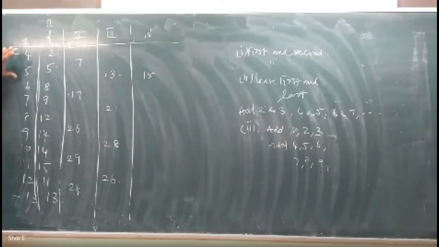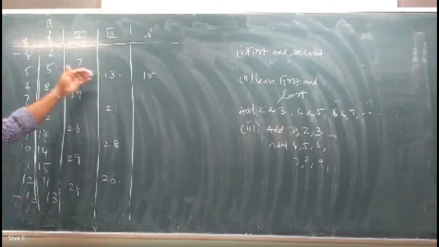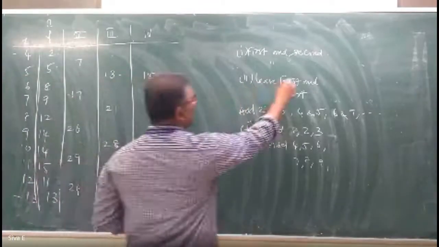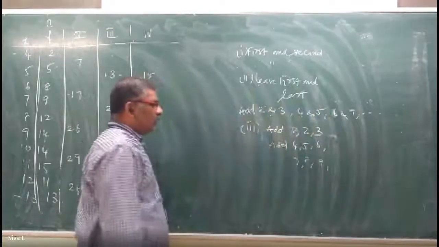First you have to give some gap for every item. The first column is the respective frequency. The second one is adding 2 items. The third one is leaving the first one and the last one, then adding 2 items.